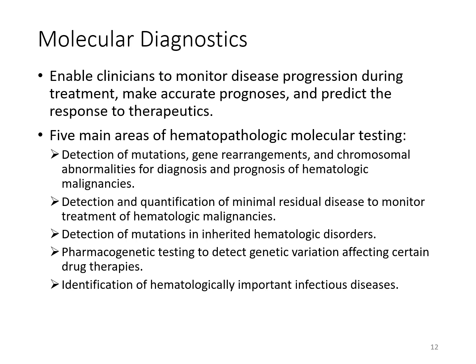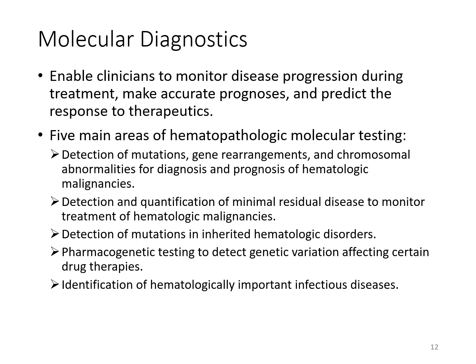Within hematology, there are 5 main areas where we'll use molecular testing. We can detect mutations, gene rearrangements, and chromosomal abnormalities for diagnostic and prognostic purposes in various hematological malignancies.